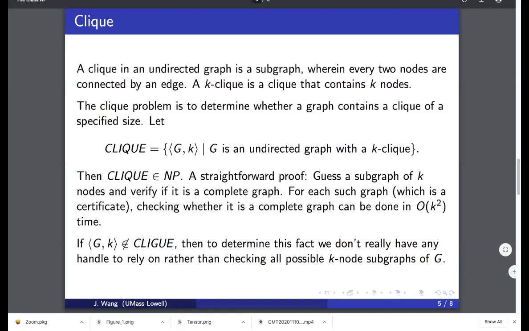Let me start a new whiteboard. Okay, so we have the concept of a complete graph.